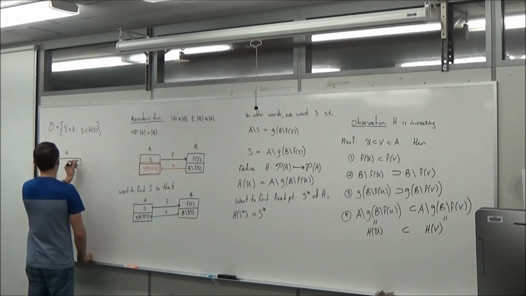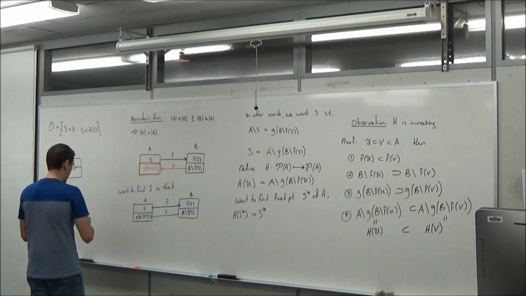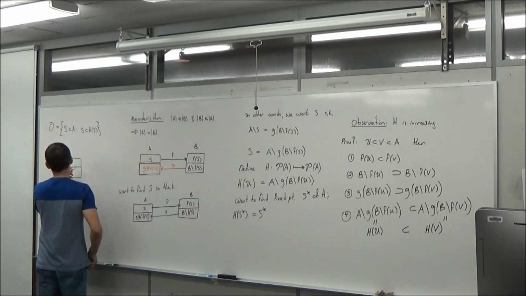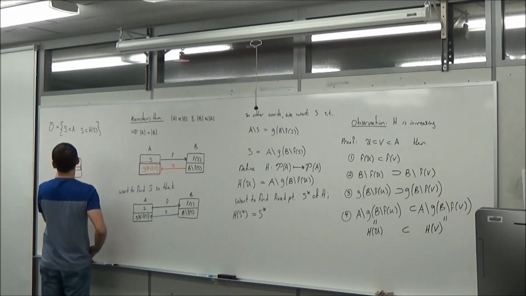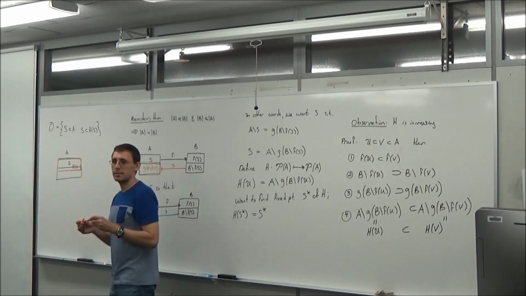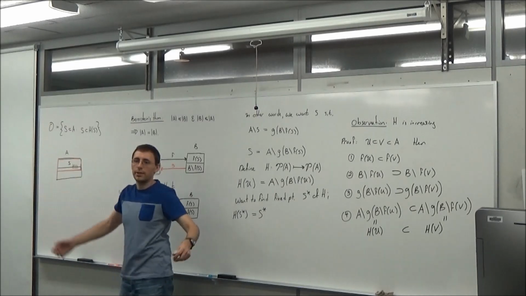So suppose this is A and this is S. So what I'm looking for is sets S, so that if I apply H to it, I get something that contains S. So maybe that would be H of S. Make sense? So H of S is going to just contain S and maybe more things.